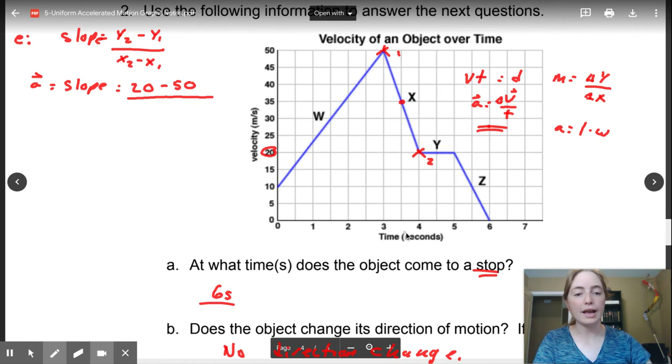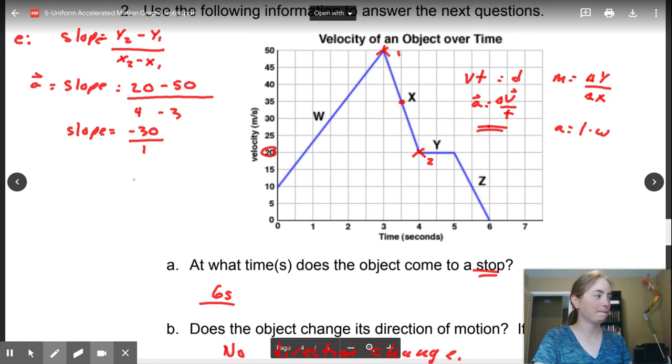Now my x for point 2 is 4, and my x for point 1 is 3. So therefore, my slope, which is equal to my acceleration, is going to equal negative 30 divided by 1. Okay?